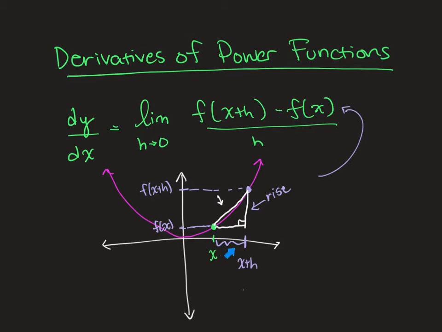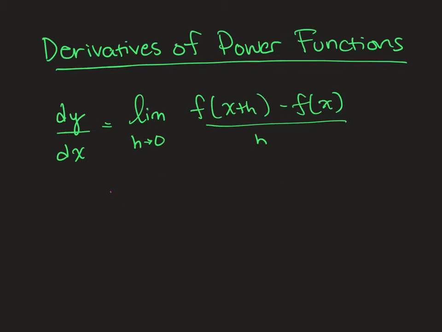And the run is really just the distance of h, which if you wanted to, you could think about as x plus h minus x, because that would be this value minus this value, which gets you this distance. But I think it's probably a little bit easier if we just leave it as is. Okay, so that's the visual.